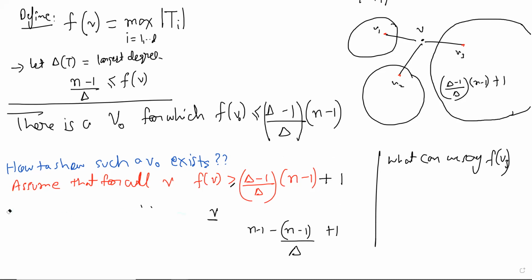Then say that f(v) plus (n minus 1) into delta... okay, by (n minus 1) by delta, that will be bigger than 1.